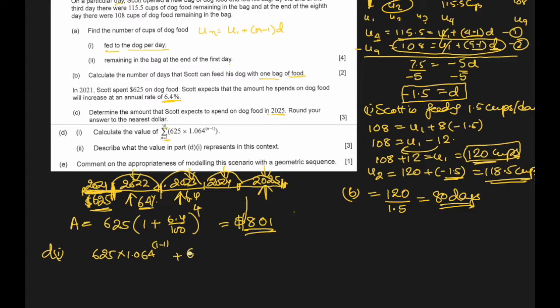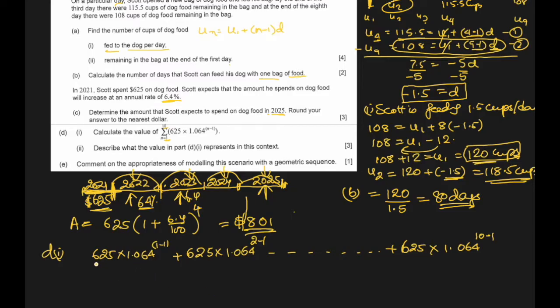Then we'll go to 2: 625 times 1.064 to the power 2 minus 1. And we have to reach up to 625 times 1.064 to the power 10 minus 1.